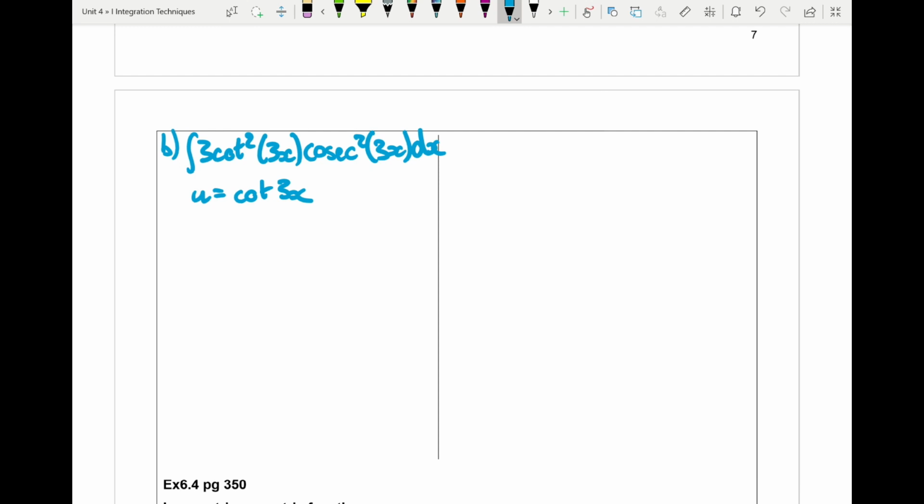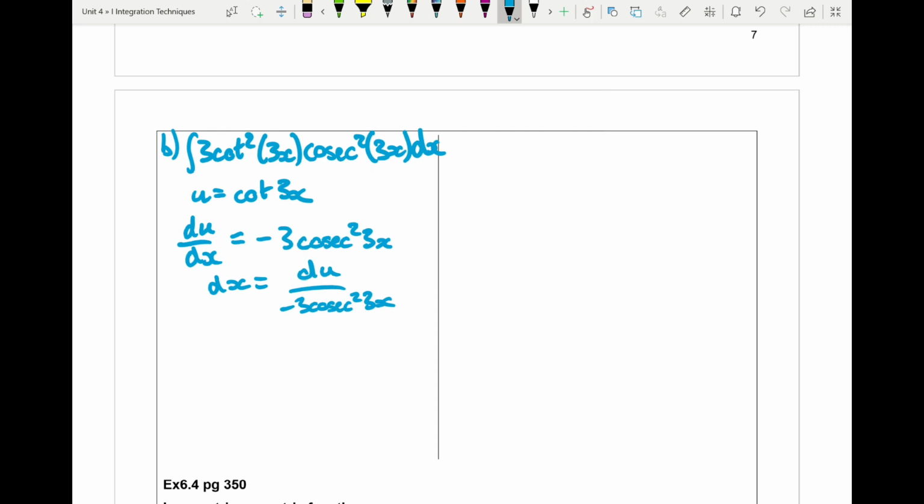So we know that our derivative here, when written in terms of dx, will have that cancellation that we're always looking for. So du dx here is equal to negative 3 cosecant squared 3x, which means dx is just du on that negative 3 cosecant squared of 3x.